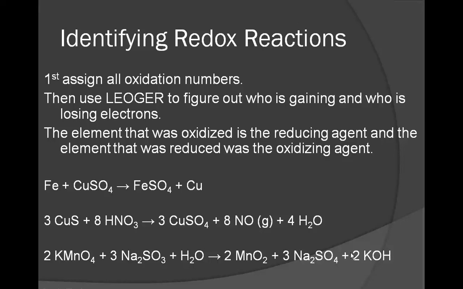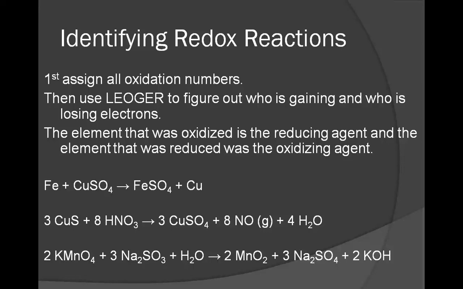Same kind of problem, and I'm going to leave this one for you to figure out, all right? But the idea is to go through and give everybody their charges. If you can't do the oxidation states from the last E-day, this is going to kind of hurt you now. Once you've done all the charges, whoever gains electrons was reduced. Whoever loses electrons was oxidized.